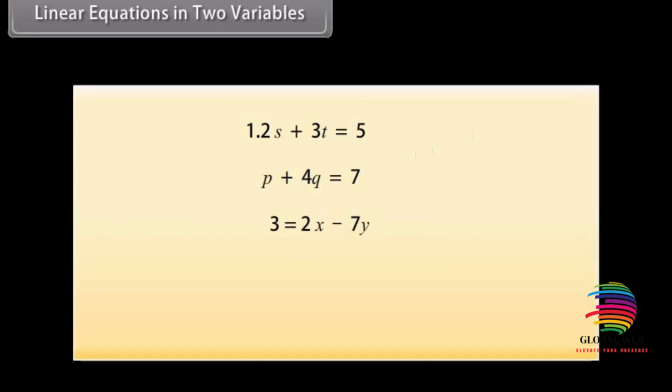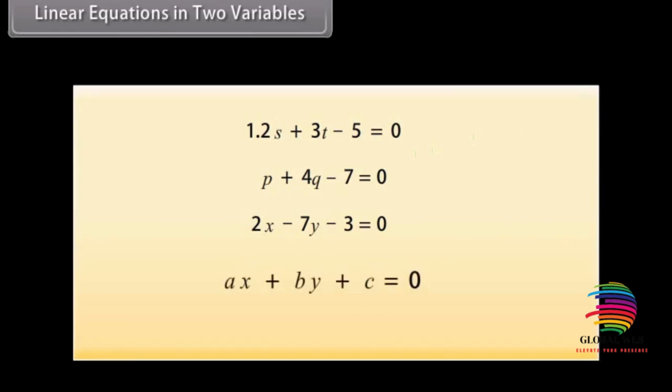We can put these equations in the form 1.2s plus 3t minus 5 is equal to 0, p plus 4q minus 7 is equal to 0, and 2x minus 7y minus 3 is equal to 0 respectively. So any equation which can be put in the form ax plus by plus c is equal to 0, where a, b and c are real numbers and a and b are not both 0, is called a linear equation in two variables.